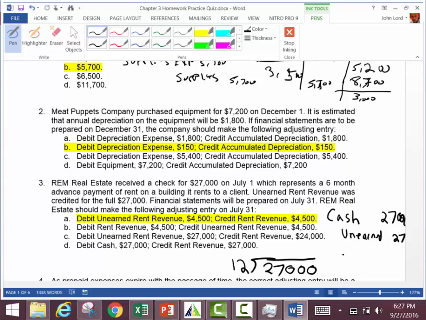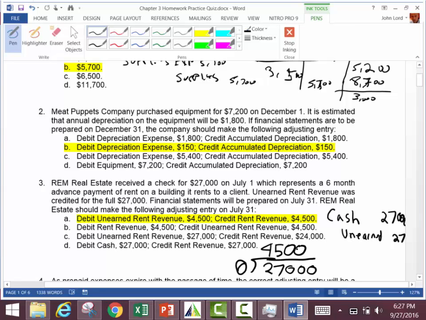Oh, it's not 12 months, it's what? 6-month contract, right? So go ahead and erase that 12. Put that 6 in there. Is that a 6? Okay, so that's 4,500.